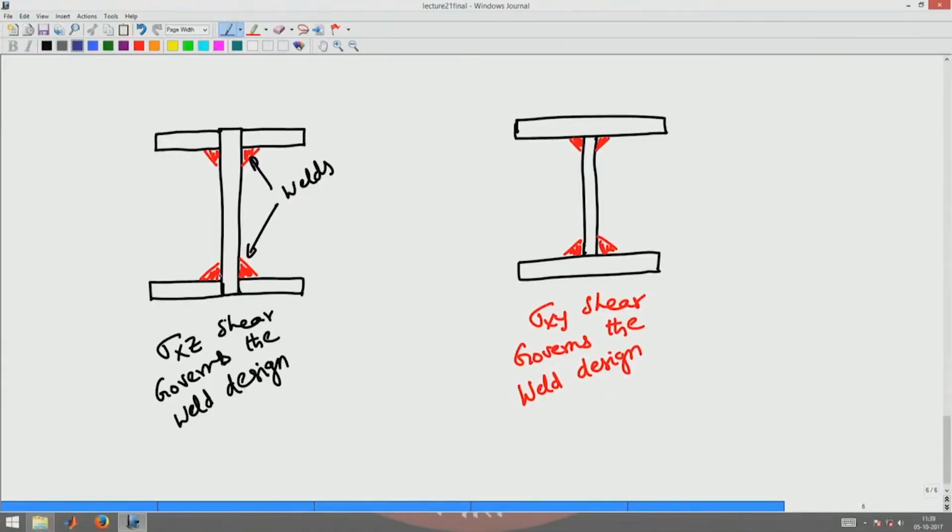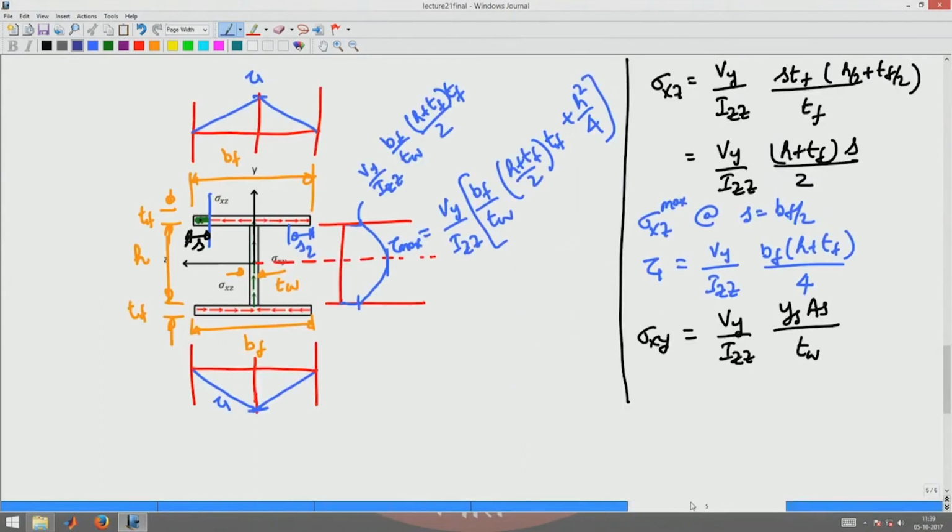Now, which one of these would you prefer in a design? If I want to economize on my welding depth, then which one would you prefer? Now, what is the maximum sigma xy shear stress that comes at this interface? So, you have to design for a shear stress of, let us go back a slide, tau 1 is Vy by Izz into Bf into H plus Tf by 4.